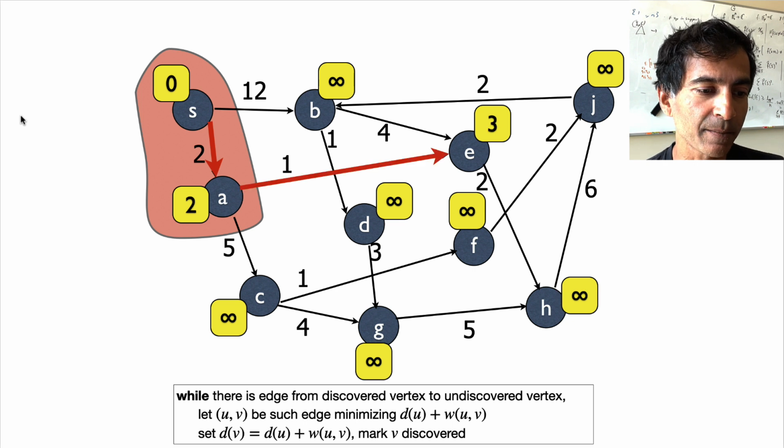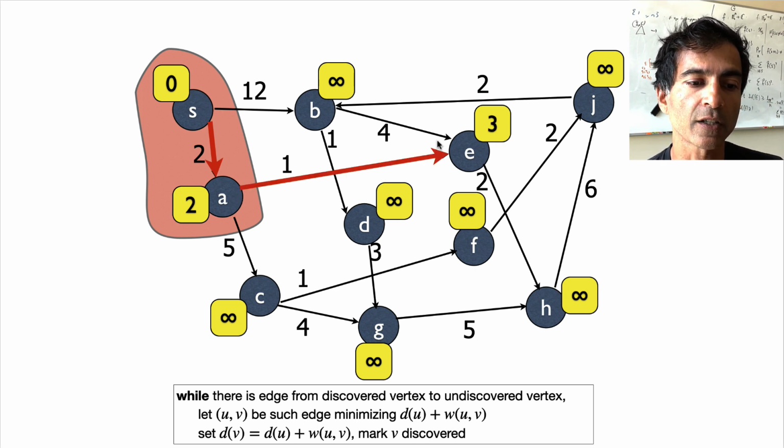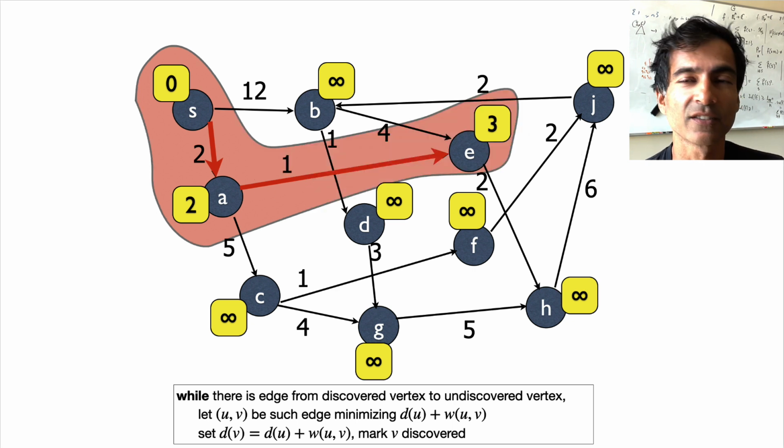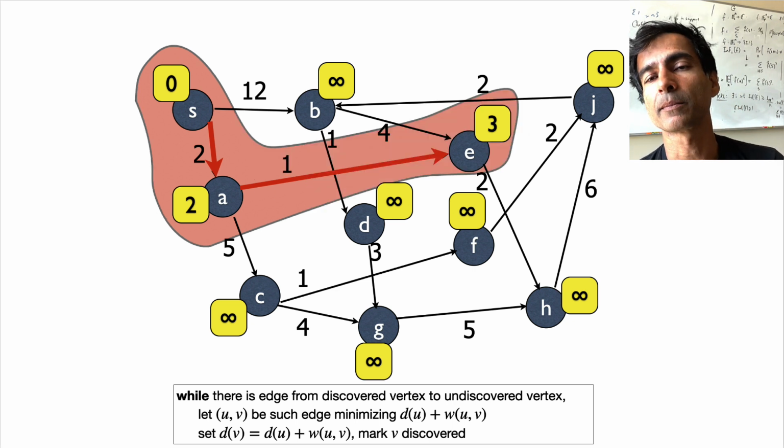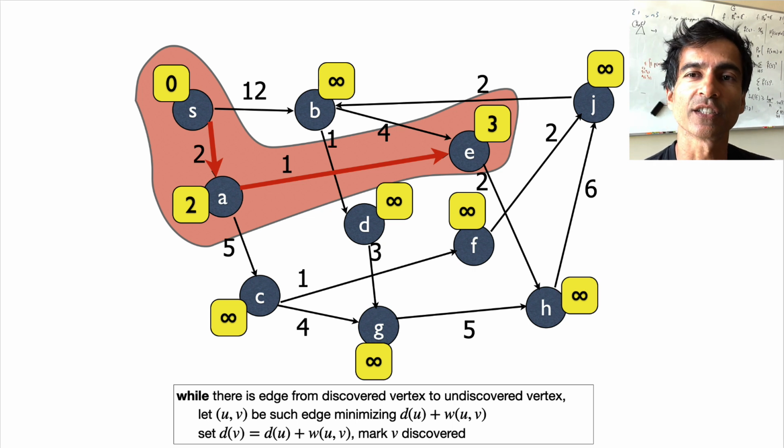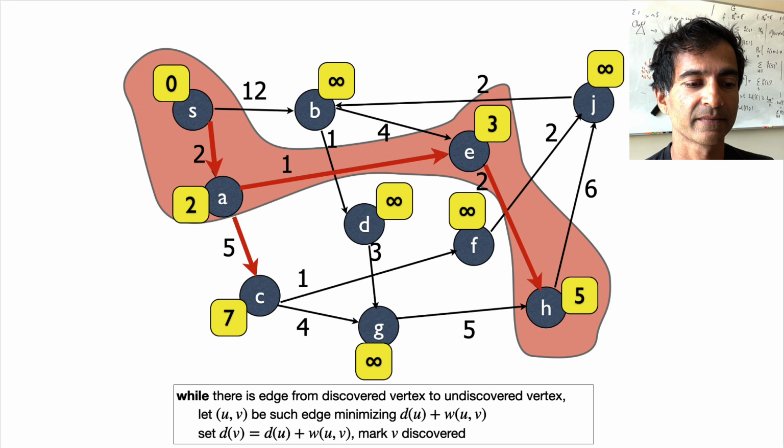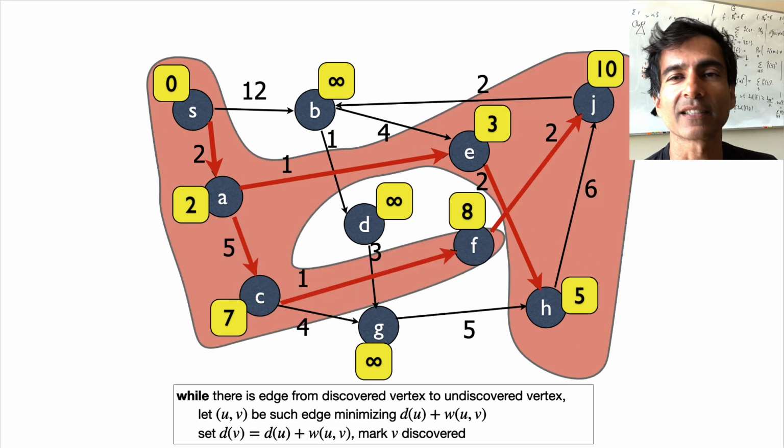In the next step, the cheapest vertex to discover is E, which we can discover at a cost of 3. So in this way, in every step, we expand the bubble to find the next vertex that's cheapest to discover. So that's the entire algorithm.